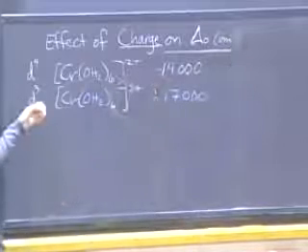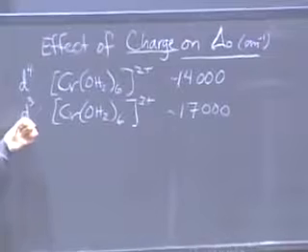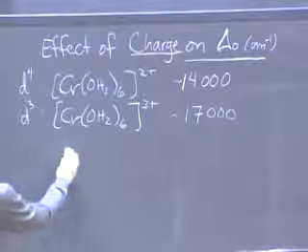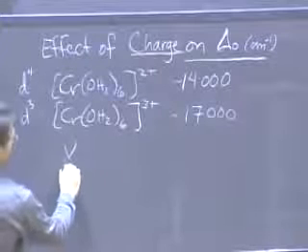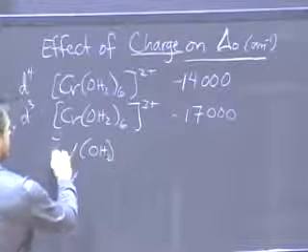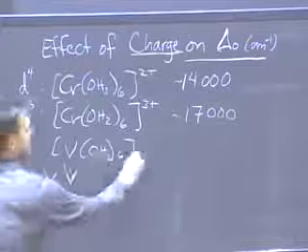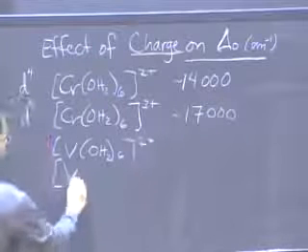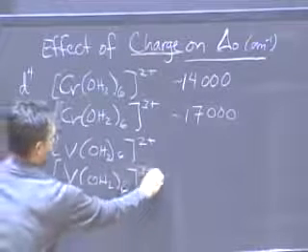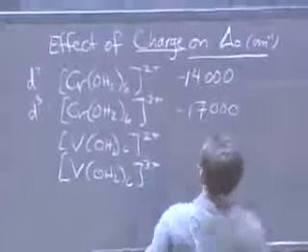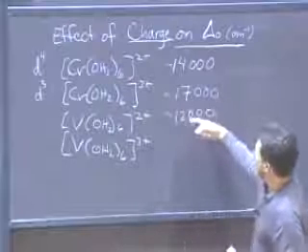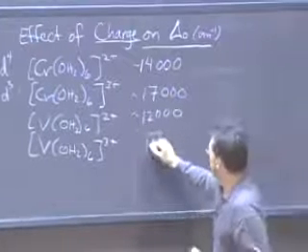Okay, so we see that putting a higher charge on the metal center leads to a larger value of delta O. And that's also true if we look at some other metal systems along these lines. So for example, there are a number of different metals for which the hexa-aquo systems can be generated in both the 2+ and the 3+ state of charge. And here we go from about 12,000 and then oxidize, and we get up to about 18,000.